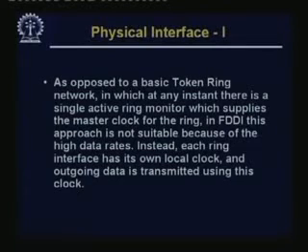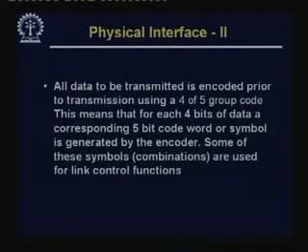So, in the FDDI approach, each concentrator, on each ring interface, has its own local clock, and the outgoing data is transmitted using this clock. All data to be transmitted is encoded, as I mentioned earlier, prior to transmission using a 4 of 5 group code, which means that there are really 32 possibilities.